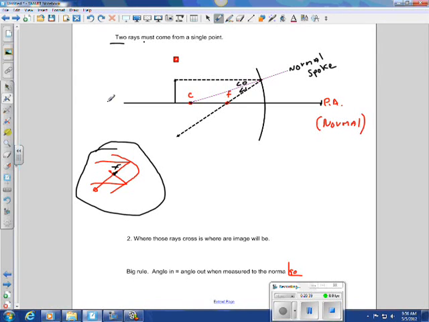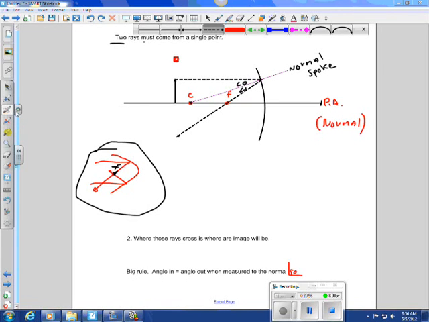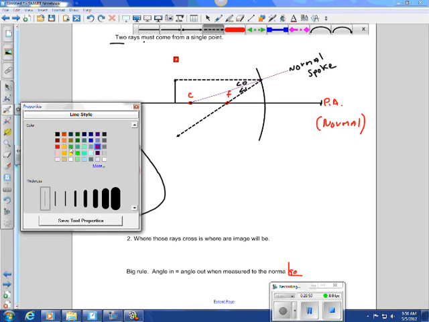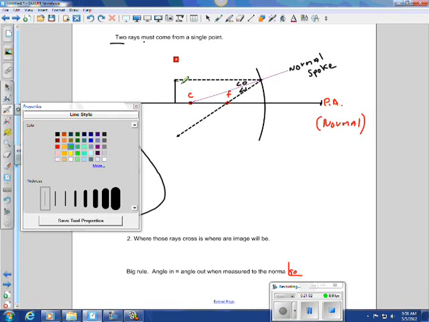Well, I'm going to establish another ray of light. I'm going to bring down another ray. Let me try and make this one green. I don't know if this is going to work.